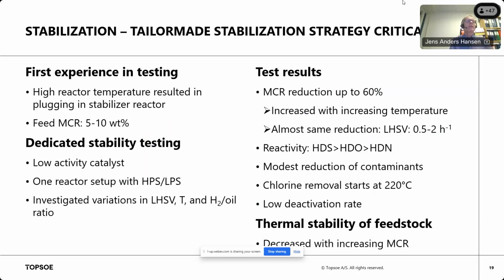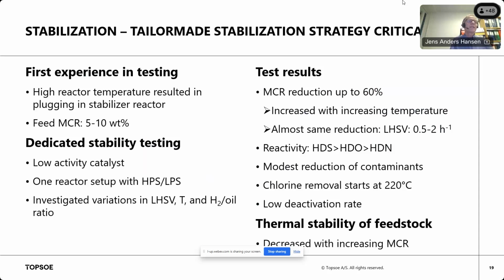The first experience in our testing was, well, we need to stabilize it, and we figured out that if we use too high a temperature, we had the reactors plugging. So we have to find a temperature that was able to stabilize the feed, but without plugging the reactor.